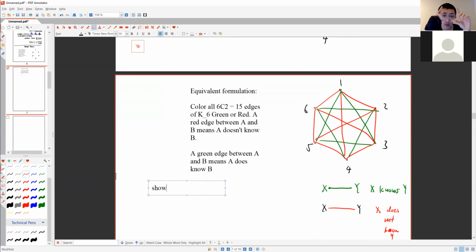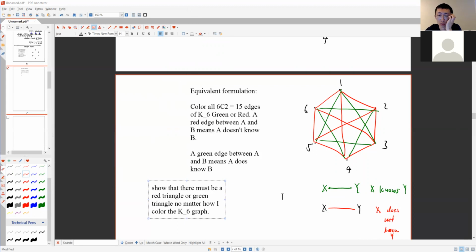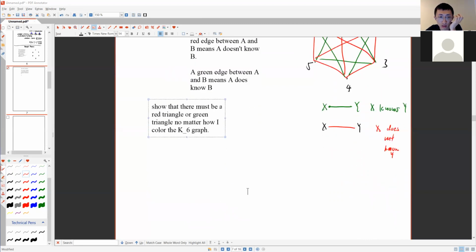Because if I have a green triangle, that's three people who all know each other pairwise. If I have a red triangle, that's three people who all don't know each other pairwise. So let's just look at an empty graph.